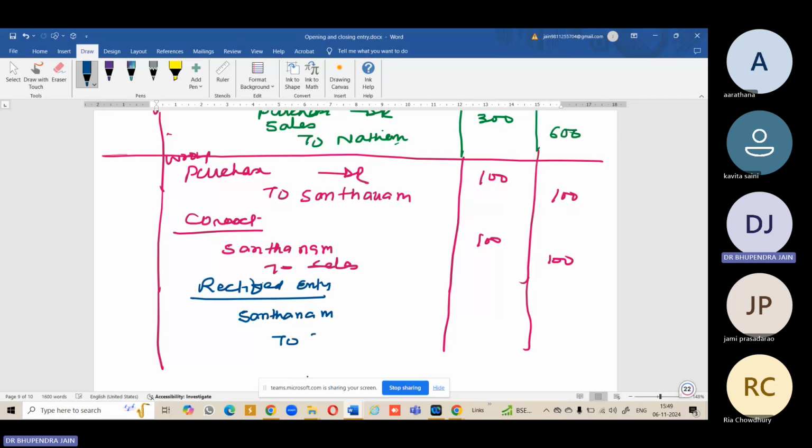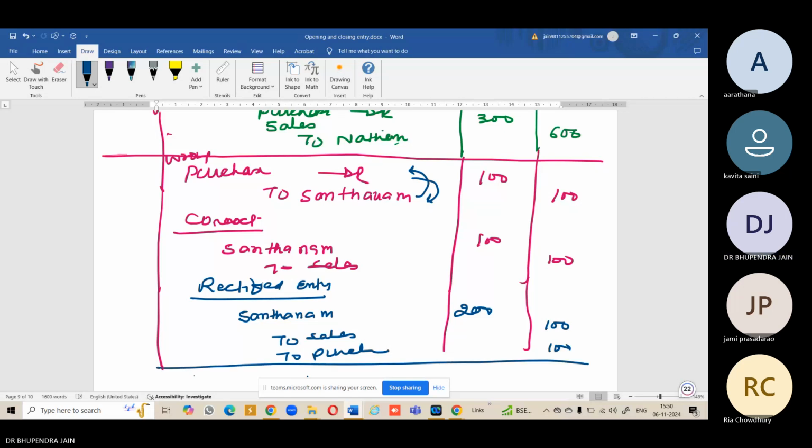So Santhanam account debit to sales and how much sales? 100. And reverse the wrong entry, to purchase. How much? 100. Then how much total balance of Santhanam is 200. 100 plus 100. This is the rectified entry.